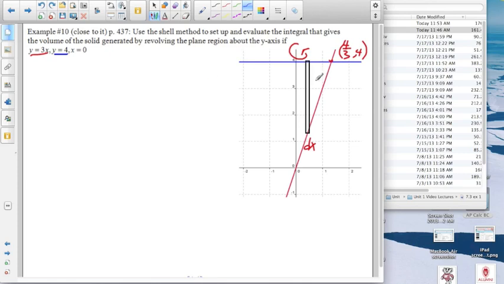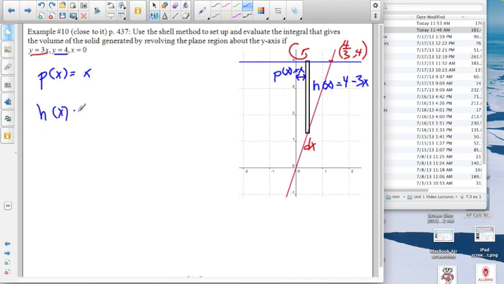So this h of x here is not just the function, it's 4 minus 3x. We have a height of 4, and we have to subtract off the function 3x. And then the p of x is still, we're still measuring over from the y-axis, so your p of x is still just x.